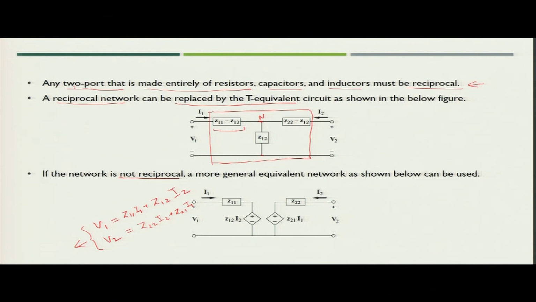That means that any two port network can be equivalently represented with the help of the circuit shown in the slide. Here it need not be reciprocal, because this is a generic equivalent network having Z parameters, while the figure which we saw above is the T equivalent circuit, which is only applicable when your network is reciprocal.